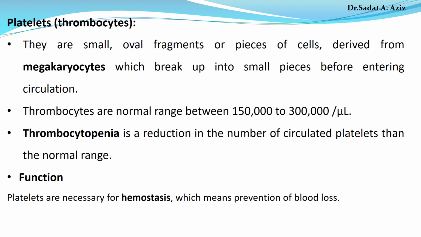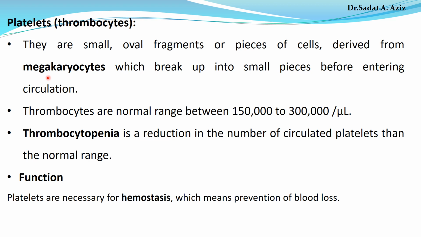So another type of blood cells is called platelets, or thrombocytes. They are small oval fragments or pieces of cells derived from a specific type of cell, which is called megakaryocytes.